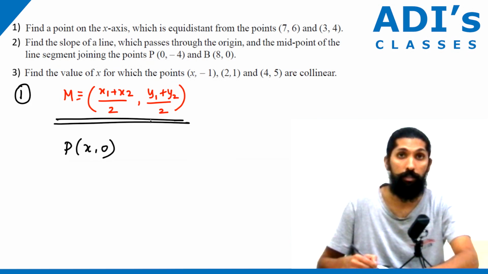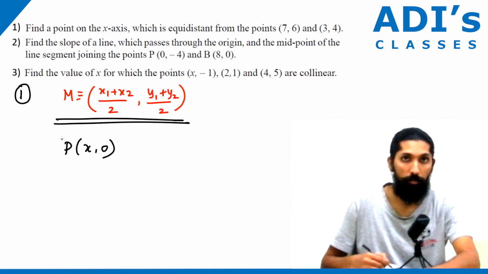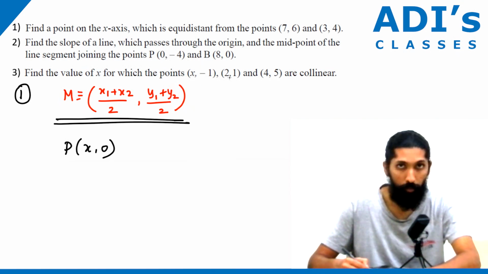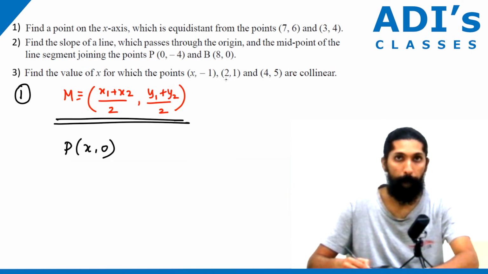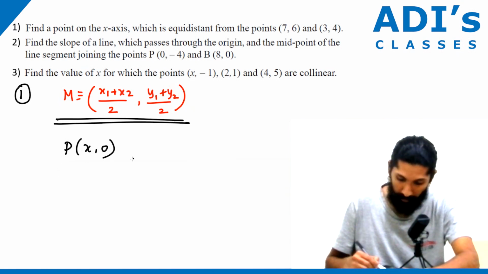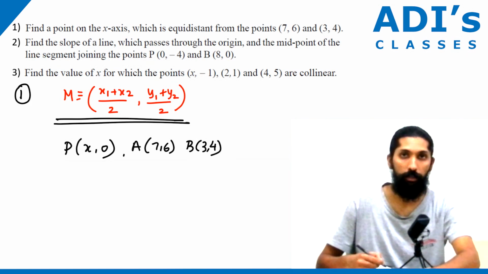Now let's use the distance formula here. That means the distance from (x, 0) to (7, 6) and from (x, 0) to (3, 4) should be the same, correct? So we can write let A be (7, 6) and B be (3, 4). Fair enough.